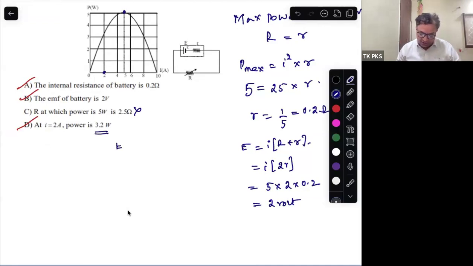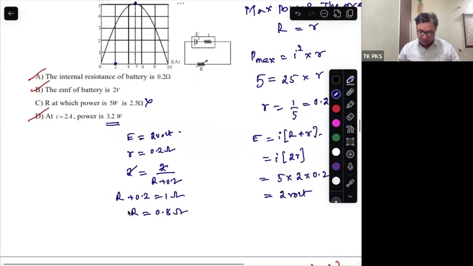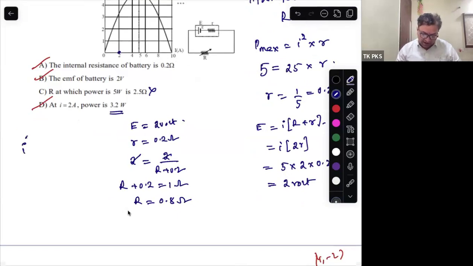We now know E is 2 volt, and internal resistance we got as 0.2 ohm. When current is 2 amp, 2 volt is equal to 2 by capital R plus 0.2. R plus 0.2 is 1 ohm. At that point, load resistance is 0.8 ohm. What are they asking? I square R.